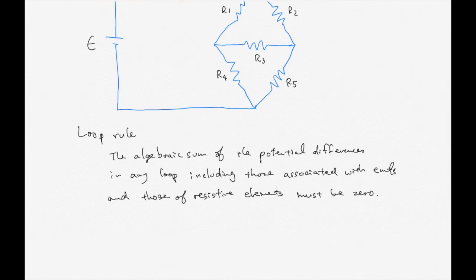So this is the loop rule. If you sum up all the voltage drops, it becomes 0.